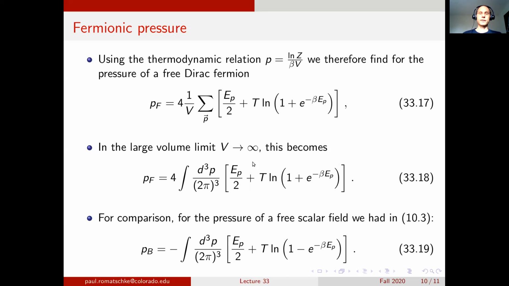For instance, the term just after the integral is the same, and the logarithm is similar in form, but there's a plus sign for fermions where there was a minus sign for bosons, and the bosons have an overall minus sign where there was an overall plus for the fermions. And there's a factor 4 because we have essentially a 4-component spinor for the Dirac fermions, whereas here we had a single free scalar field when we were treating the result in lecture 10.